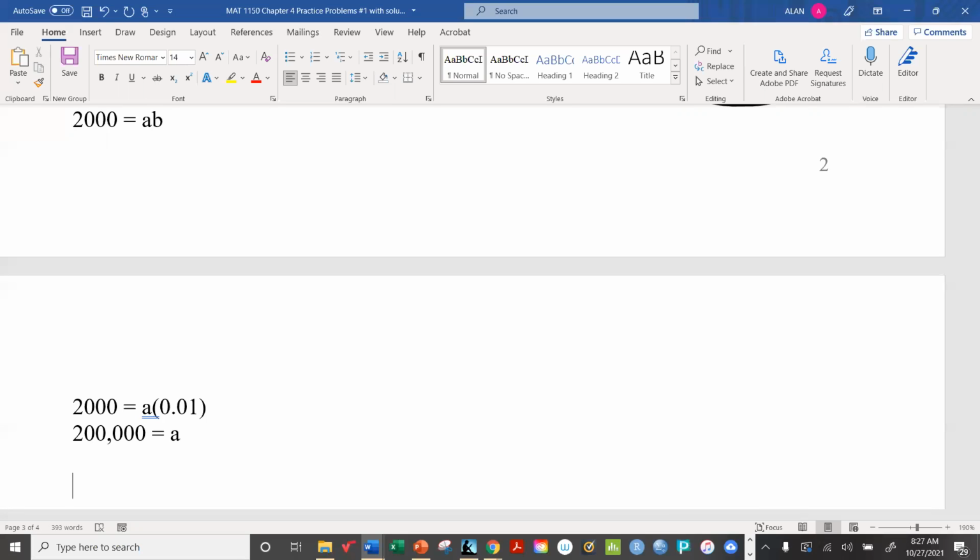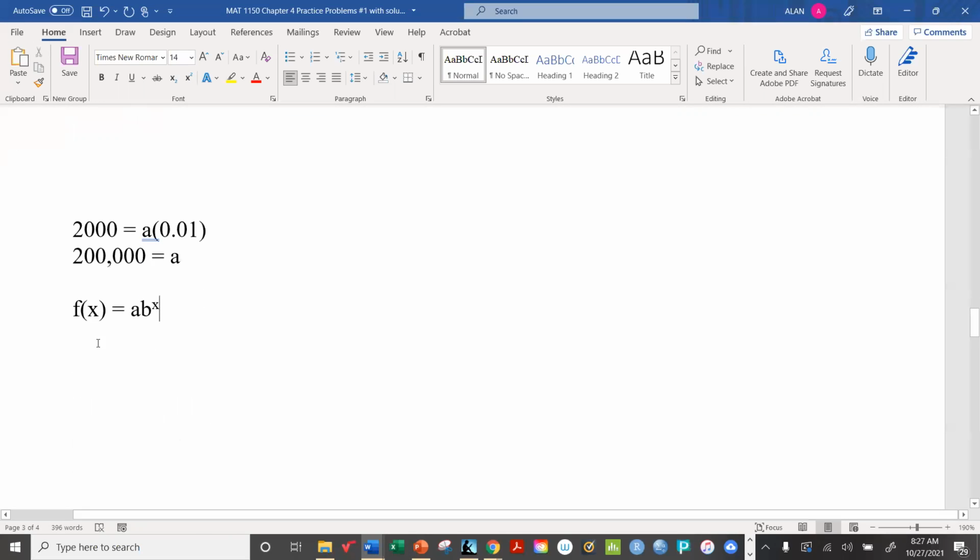So the function, very simply, ab to the x, we can rewrite it as f of x, where a is 200,000 and b is 0.01, raised to the x power. Okay. So we're all set.